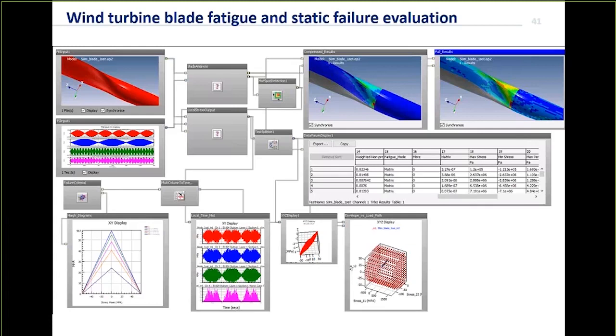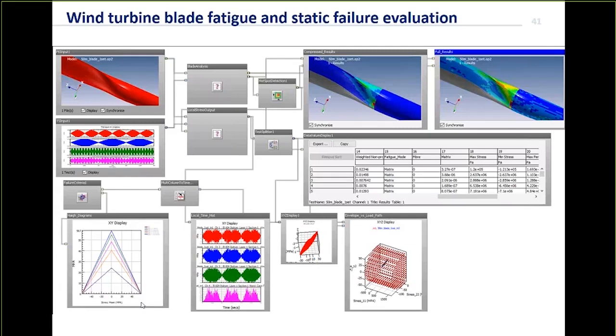What we've done is we've simulated the dynamic response of the blade using a modal superposition approach, and then we've done a static analysis to see where in the time history the most critical loading case is and what the minimum safety factor is. We've also done a fatigue calculation. I've carried out this calculation in nCode DesignLife, actually in a prototype version.